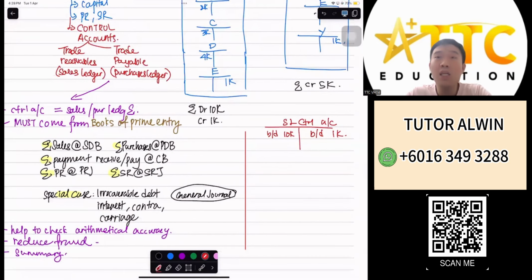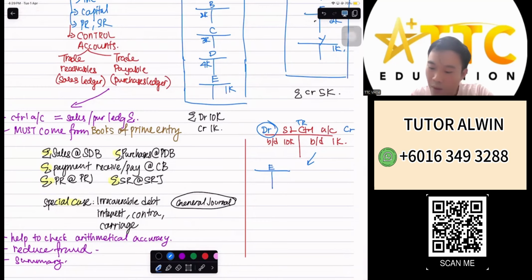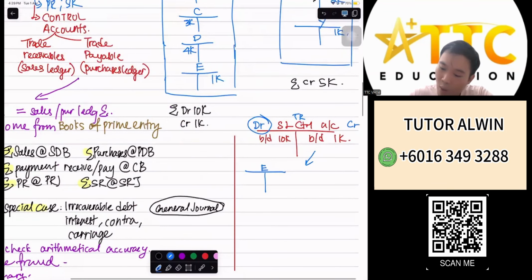Now imagine a customer who has already settled off their debts, and suddenly the customer says, hey, I want to return something. How does this happen? Our sales ledger control account, as in our trade receivables control account, must be a debit balance. But what happens with a credit balance? Let's say Mr. E already settled the debt. There was a sale of 2K, and then he settled the account with 2K.